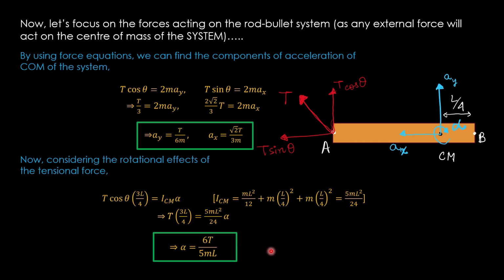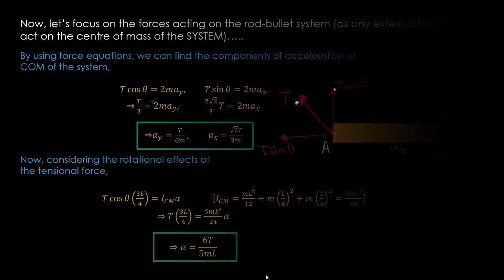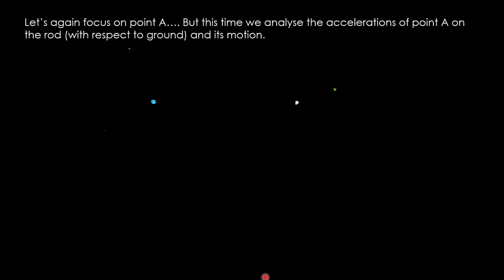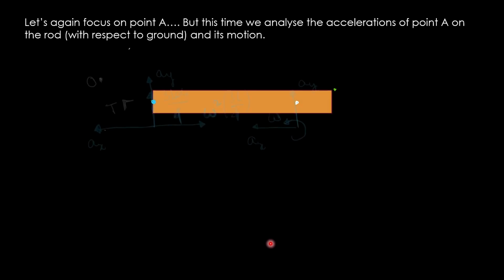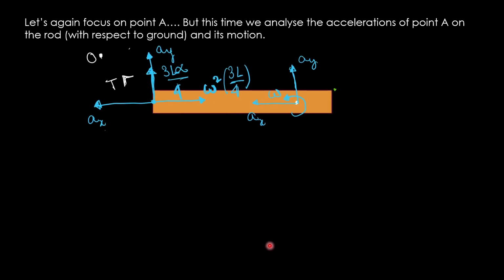Very good. Now let us move into the next slide, where we again come back to the point A, but this time we analyze the accelerations of the point A with respect to ground and its tendency of motion. So obviously, with respect to ground, the center of mass has the accelerations ay and ax, which will remain. But with respect to the center of mass, there was an angular velocity omega.